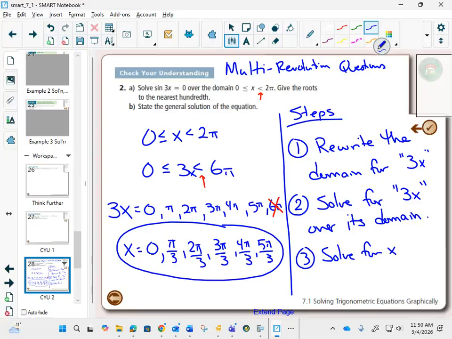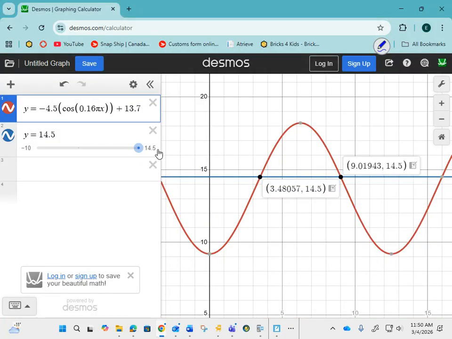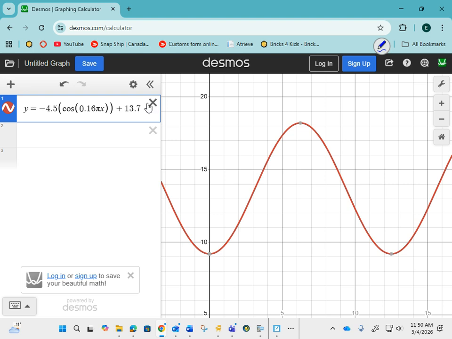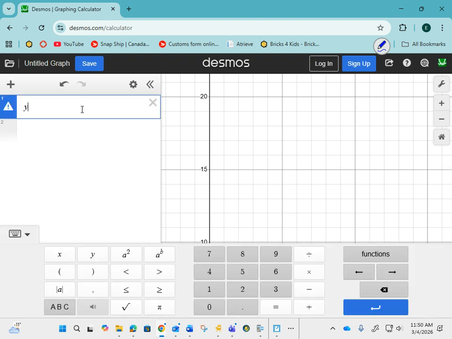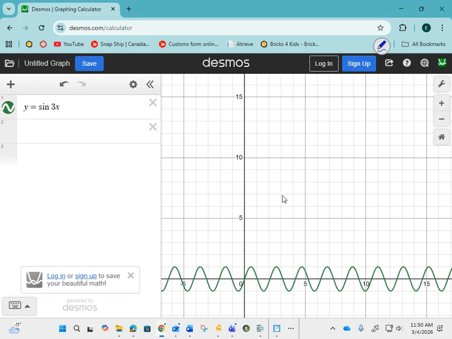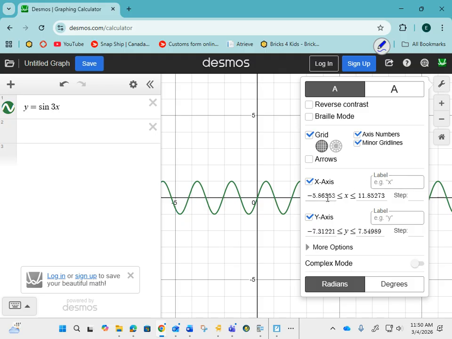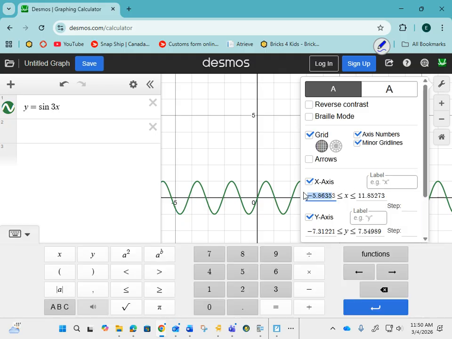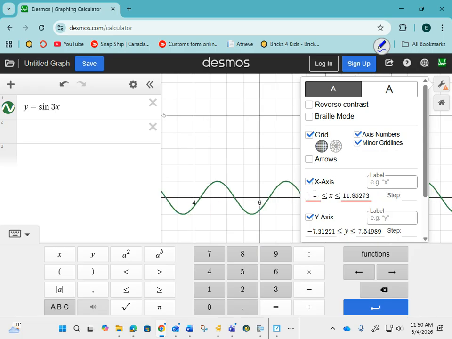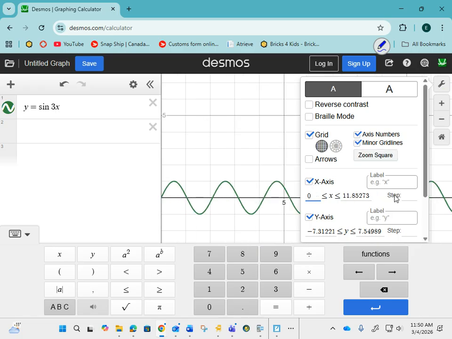Here, just because we have Desmos and it's so much fun, I'm going to type in y equals sine 3x. Whoops, I don't need a bracket. And drag it so that you can see it. In fact, I am going to play around with my x-axis and just look at 0 to 2 pi.